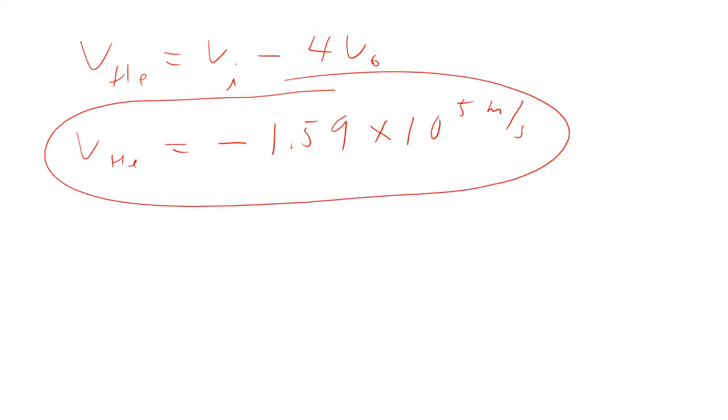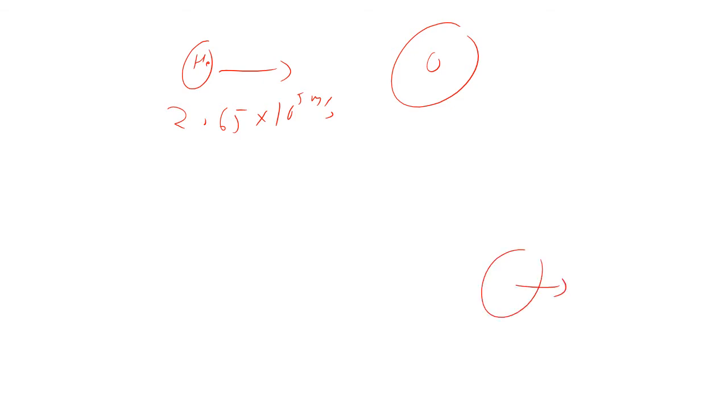Okay, so that means we have this helium coming into the oxygen. It's initially moving at 2.65 times 10 to the fifth meters per second. It hits the oxygen. The oxygen goes shooting this way. The helium goes bouncing back that way.